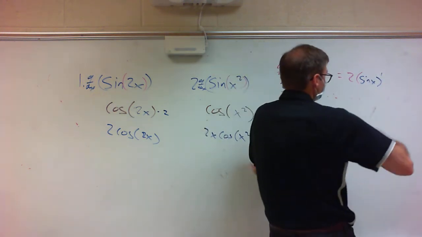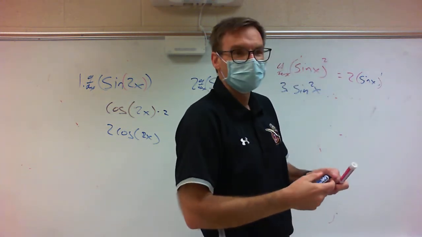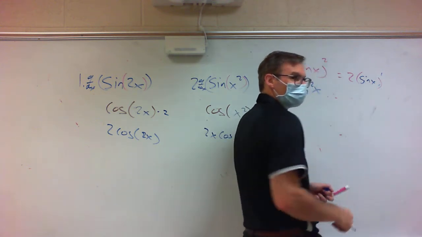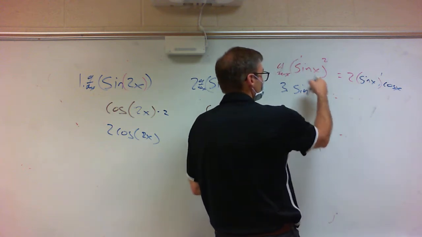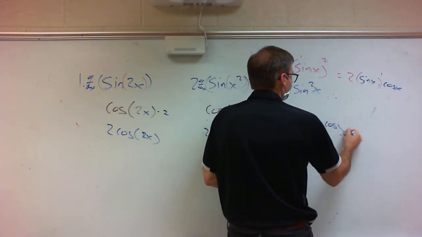But I said the word stuff, and anytime I say the word stuff, that means I have to take the derivative of stuff. What's the derivative of sine x? Cosine x. And so it turns out the derivative of this is equal to 2 sine x cosine x.